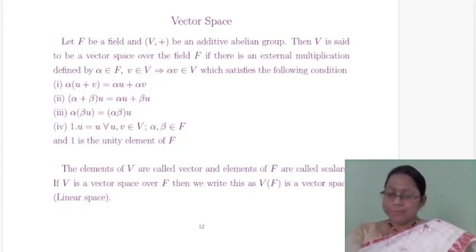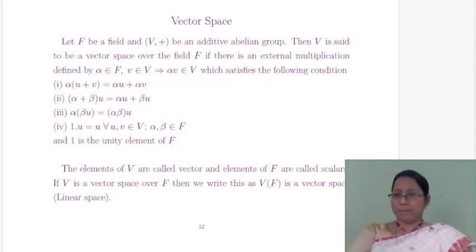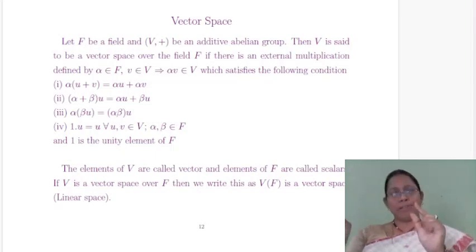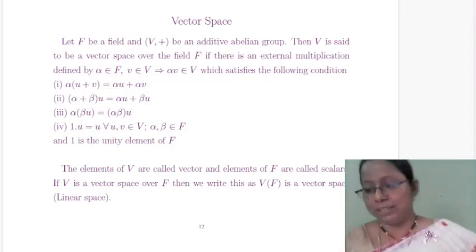Next, F is associative as well as commutative with respect to multiplication. That is, you replace the plus symbol by dot in the case of multiplication. F has a unity element. That is, for any element a in F, there always exists one element 1 in F such that 1 into a is equal to a.